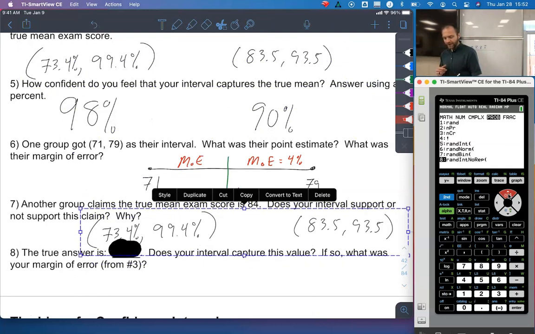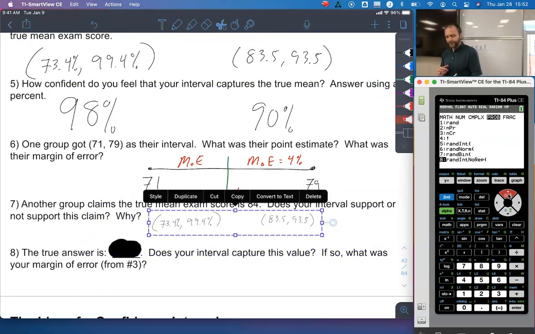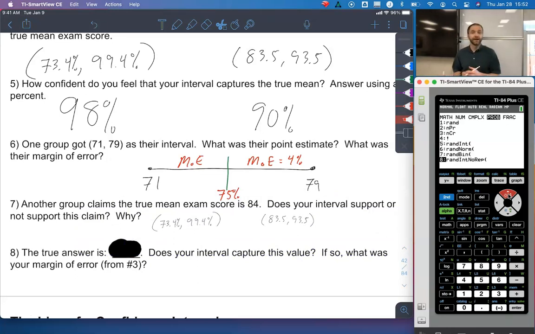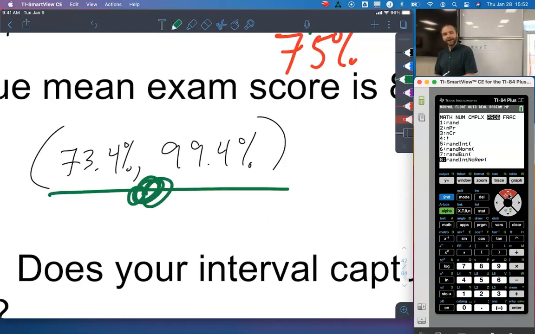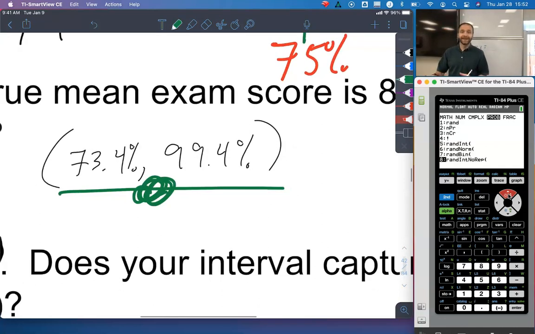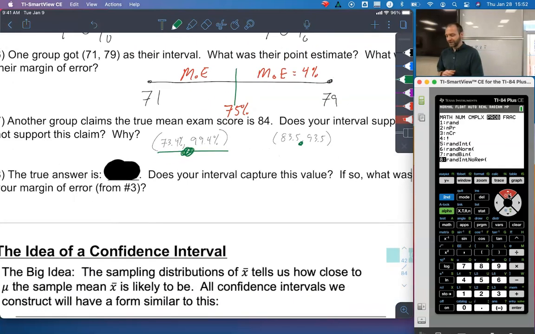Why do these two intervals support the claim that 84 is the true mean of the exam scores? Well, is 84 somewhere in that interval? Yes, it is. Is 84 somewhere in this interval? I got close there. It is. 83.5. Man, I barely captured that one when I threw that net. But it is. Both of these do.